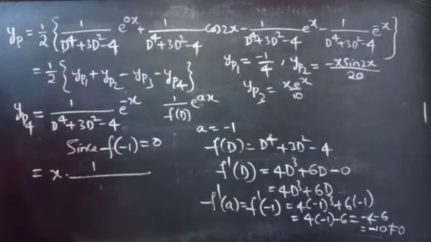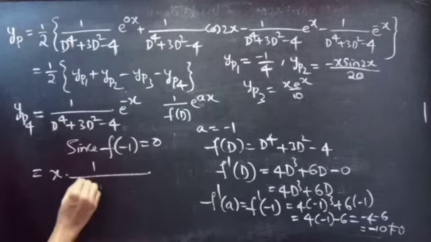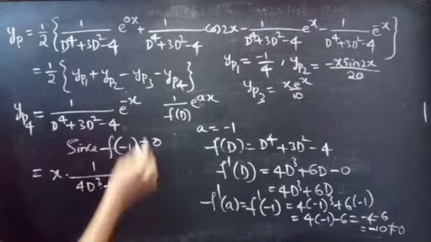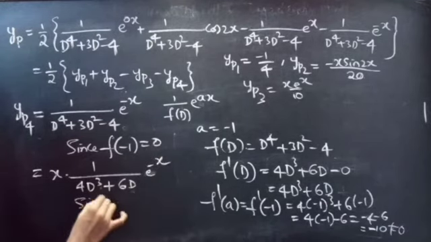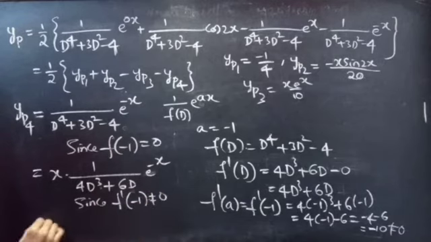Since f'(−1) is non-zero, we can replace. Now here let's write f'(D), 4D³ + 6D, into e^(−x). Since f'(−1) is non-zero, we can replace D by −1 here.